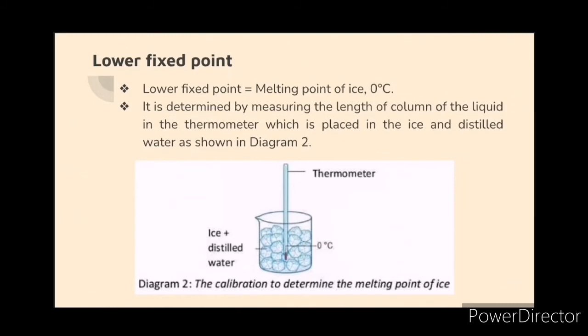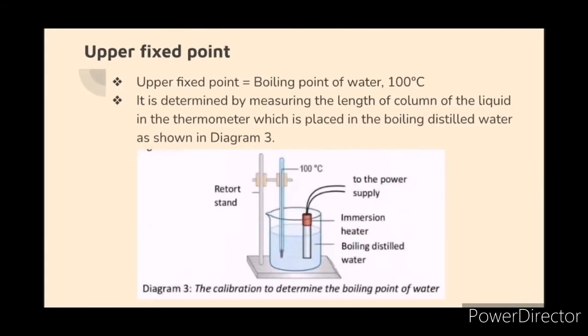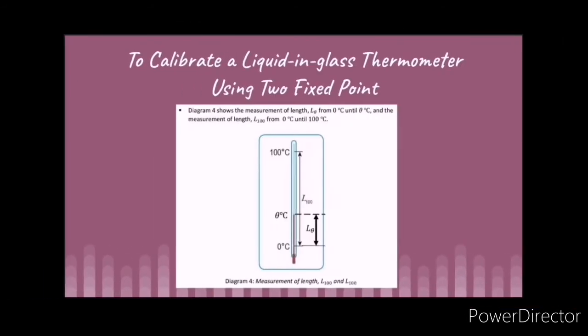It is determined by measuring the length of the column of the liquid in the thermometer which is placed in ice and distilled water, as shown in diagram 2. The upper fixed point is the boiling point of water, 100 degrees Celsius. It is determined by measuring the length of the column of the liquid in the thermometer which is placed in boiling distilled water, as shown in diagram 3.